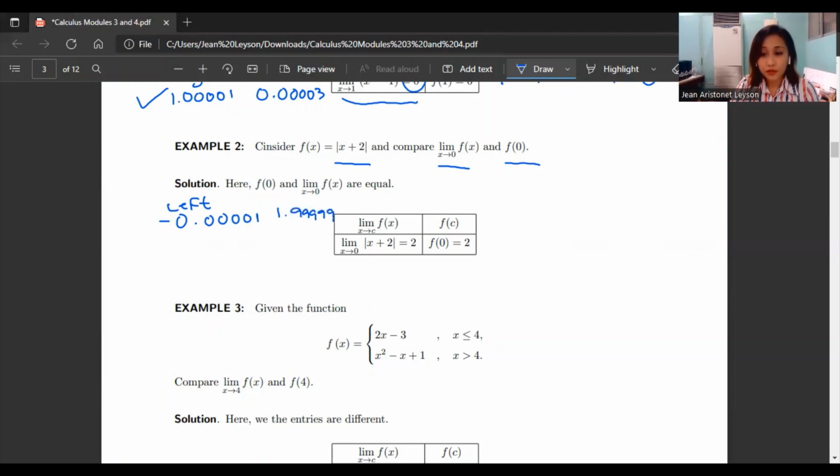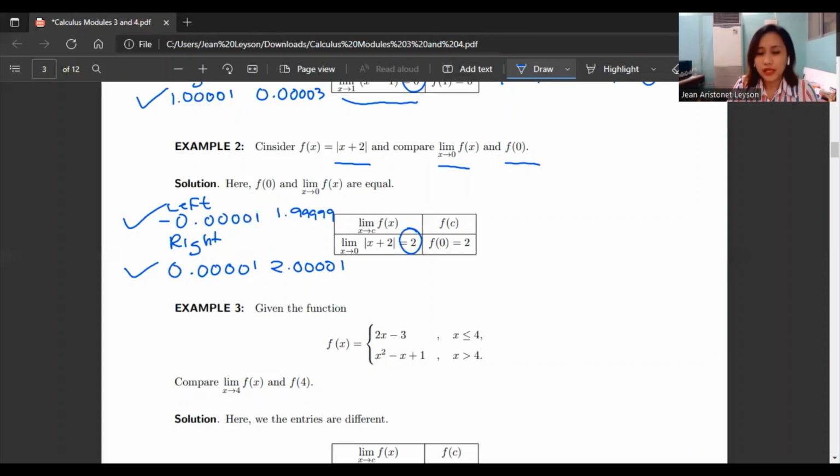You can actually use your calculators to verify that one. Now from the right of 0, we can have 0.00001, and evaluating, that's 2.00001.